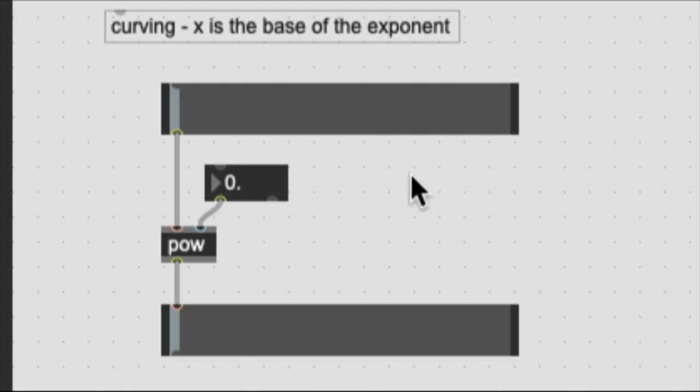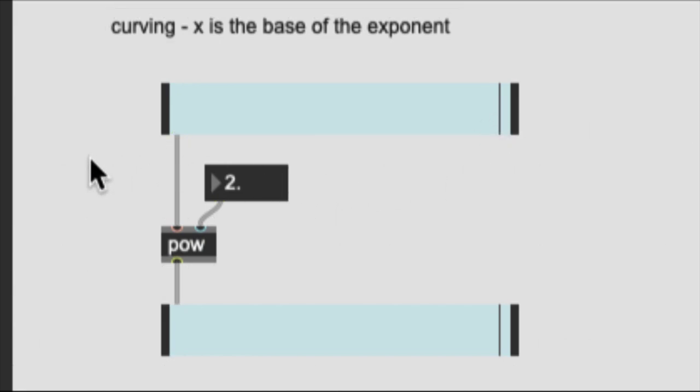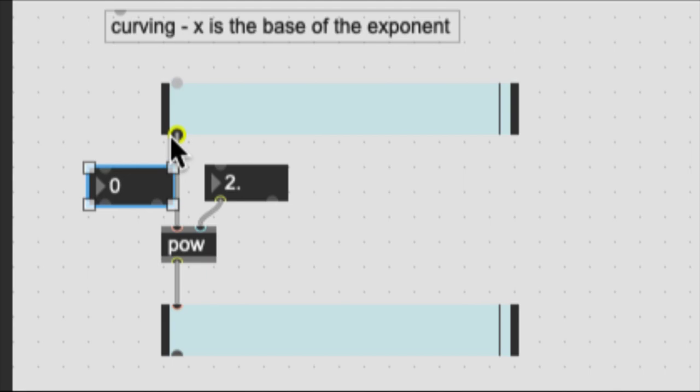Okay, so the nice thing about exponents is that regardless of the exponent that you have, 0 will yield 0. So no matter how many times you multiply 0 with itself, you get a 0. And the other thing is, no matter how many times I multiply 1 with itself, I will still get number 1.